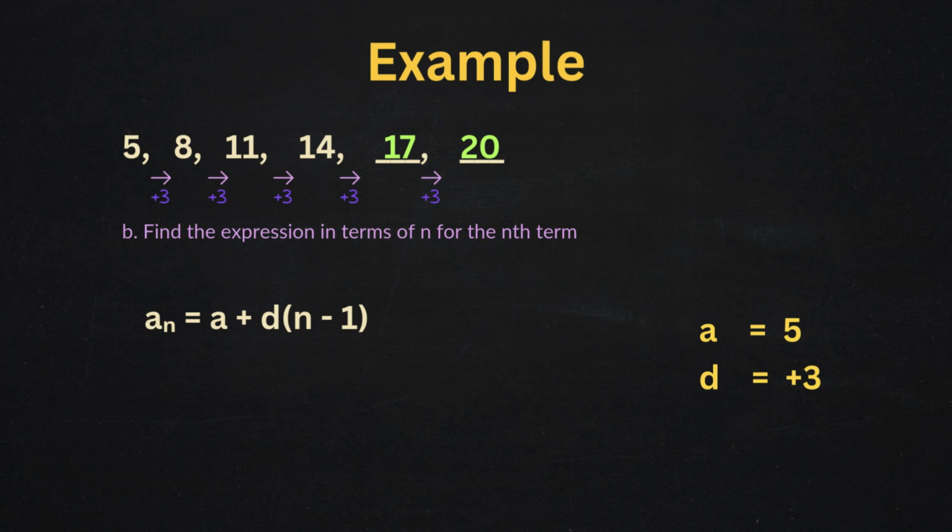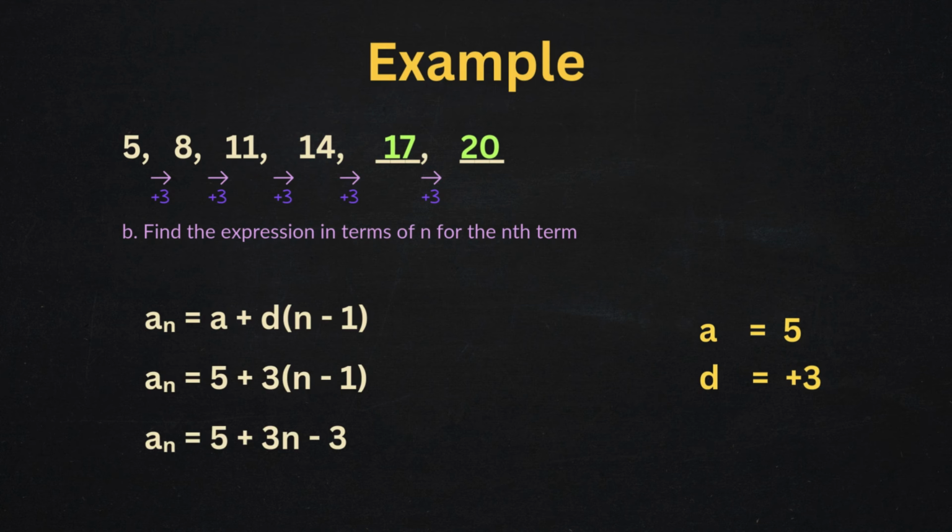Substituting a and d in the equation, we get an equals 5 plus 3, whole multiplied by n minus 1. Simplifying the equation, we get 5 plus 3n minus 3, and finally 3n plus 2. That's our general formula for this sequence for any term.